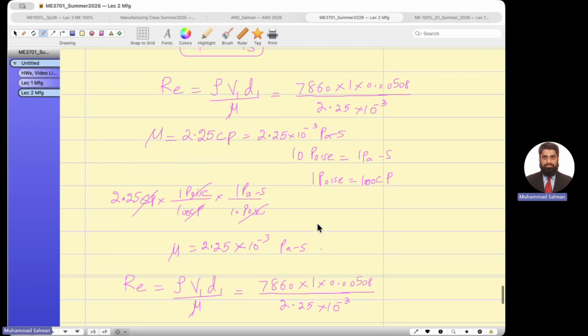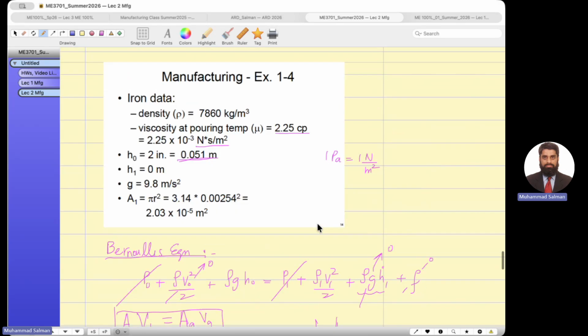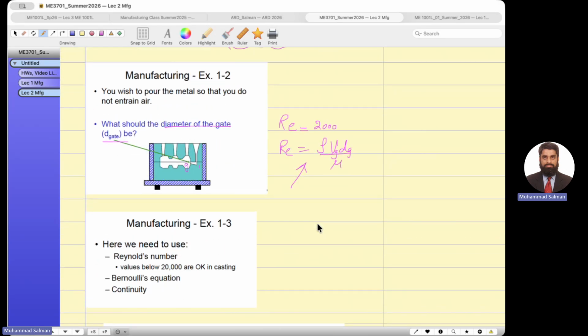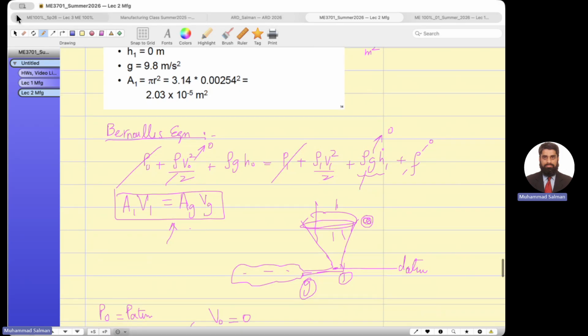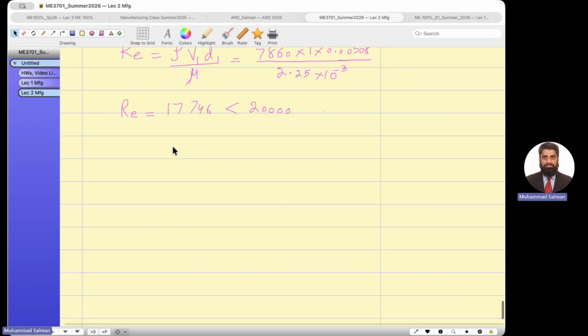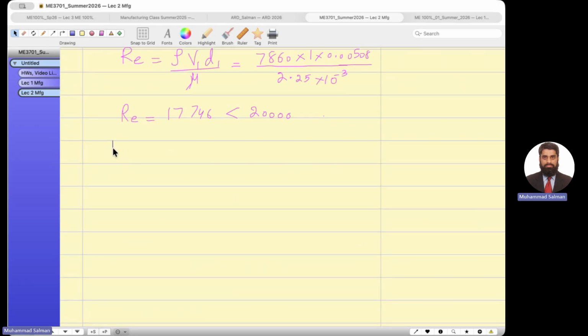Now let's find out the gate. The question is to find out the diameter of the gate entry. Okay, can I use the equation of continuity to find out the gate diameter? So I'm going to use this one. The area is pi r square, like a cross section.